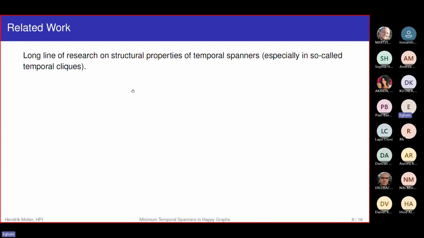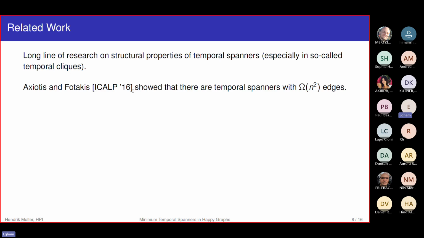One that I want to mention is that in the early work by Axiotis and Fotakis, they also showed that there are temporal graphs that do not admit sparse temporal spanners, where you need a quadratic number of edges to maintain connectivity, and you cannot delete any of the edges without destroying the connectivity for at least one vertex pair.